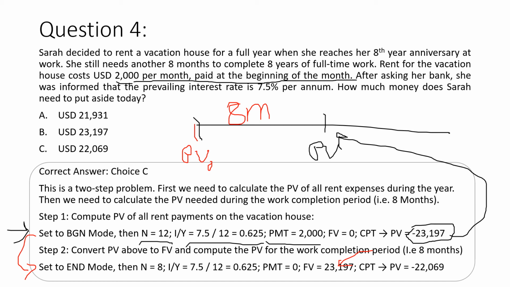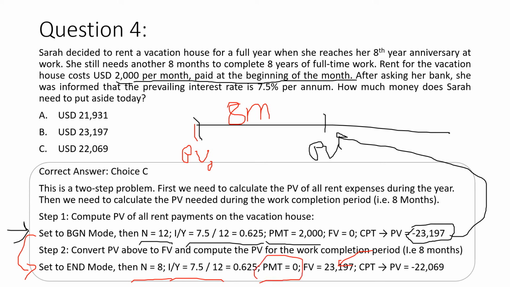In this case, n is only 8 because we have 8 months for her to complete her 8 years at work in order to start renting the vacation house. The second input is interest rate, which is 7.5 divided by 12, does not change.